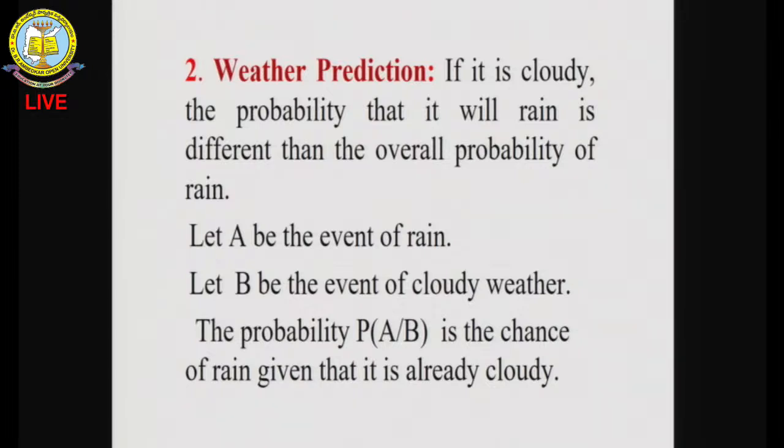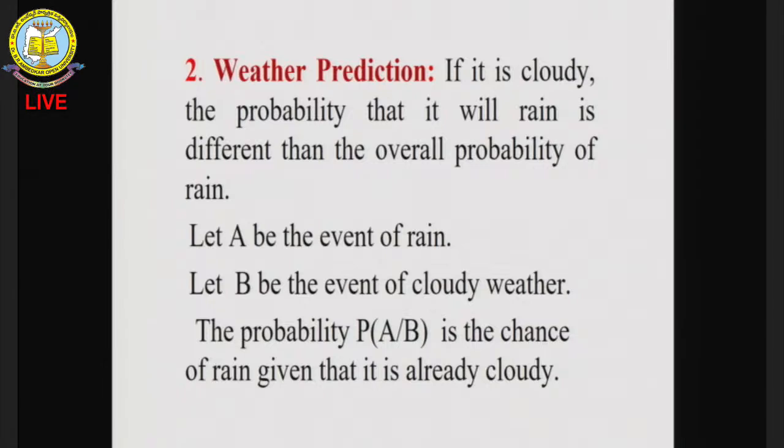Here I can write it mathematically, and two events occur, one is cloudy, another one is rainy. So, let A be the event of rain, let B be the event of cloudy weather. Already known event is what? Cloudy event, that is a condition. So, the probability of A given B is the chance of raining given that it is already cloudy.